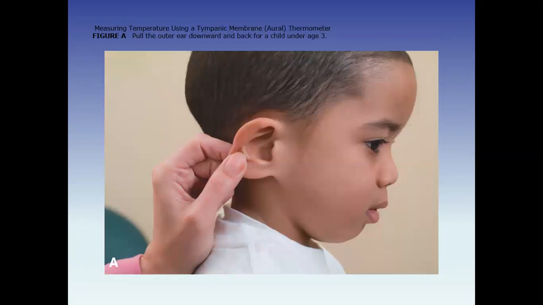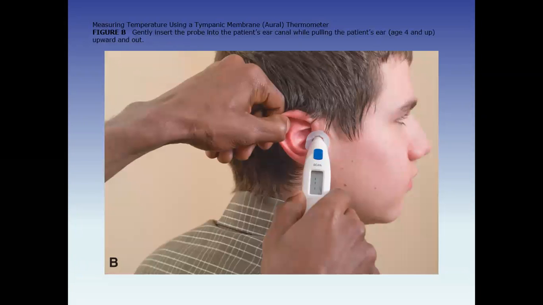And this is another one, the tympanic. For children under the age of 3, you pull the outer ear downward and back. For this other one, you gently insert the thermometer into the patient's ear canal while pulling the patient's ear up and out, for the age of 4 and up.